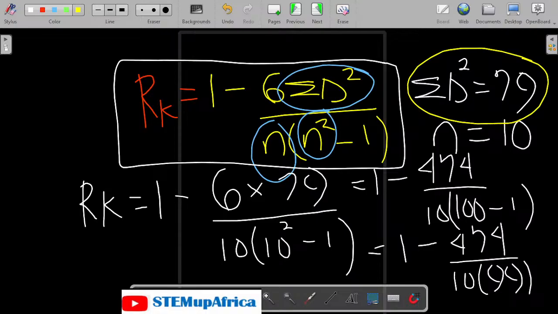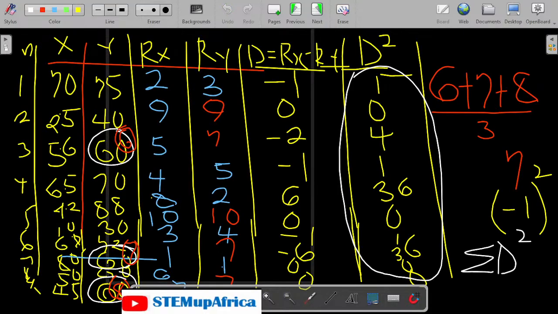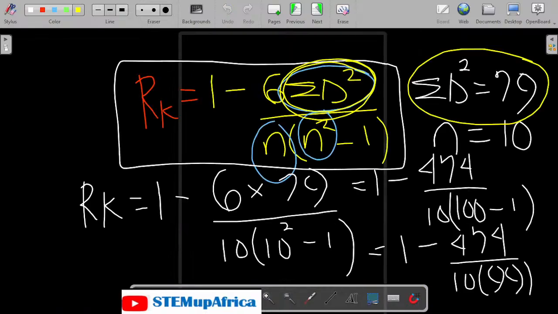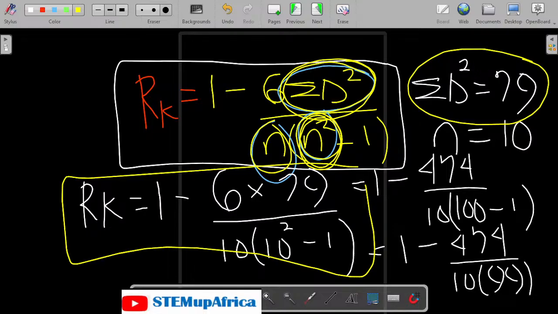So in place of this summation d square here, I will put 79, which is 6 times 79. Then the n, how do I get the n? The n is how many numbers took part. We have 10 numbers. If you count 1, 2, 3 to the last one, there are 10 numbers. That is my n. So in place of this n, I will put 10. Here is n squared. I will put 10 here and square it. Minus 1. That is what I have here now.